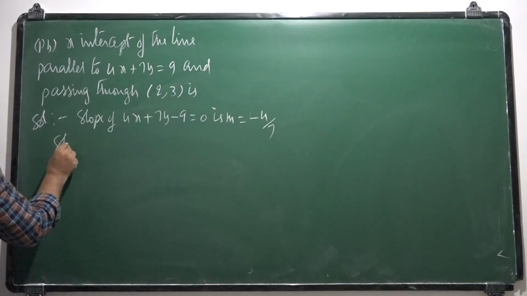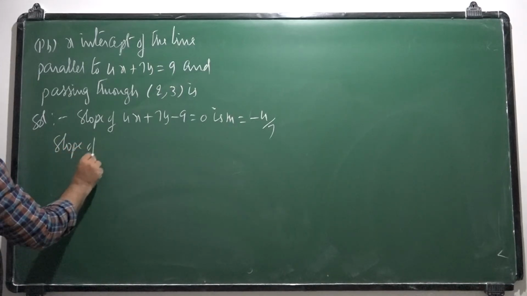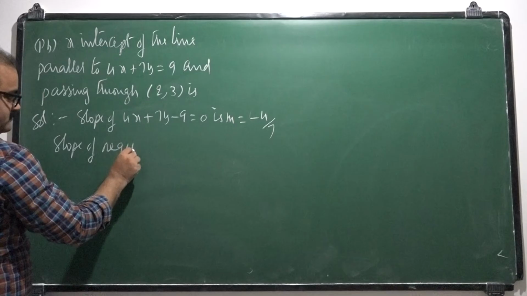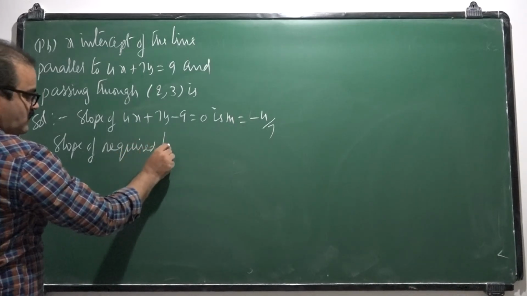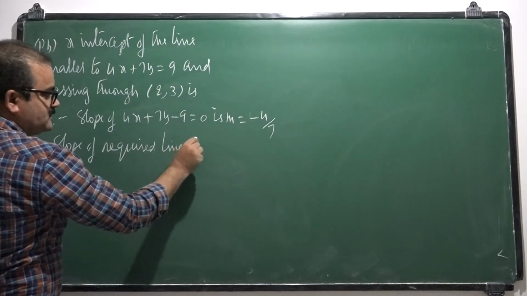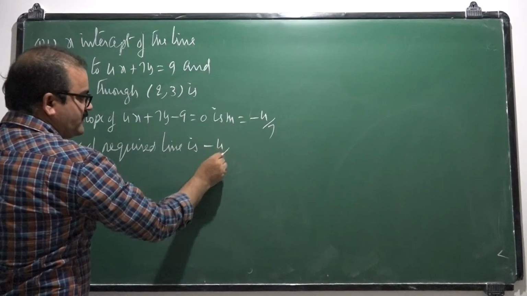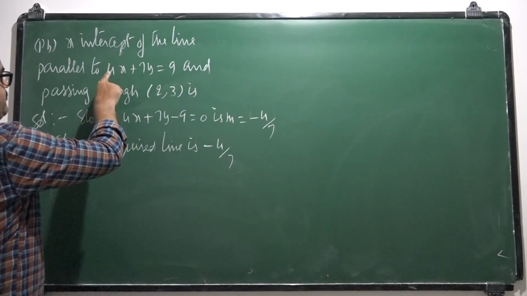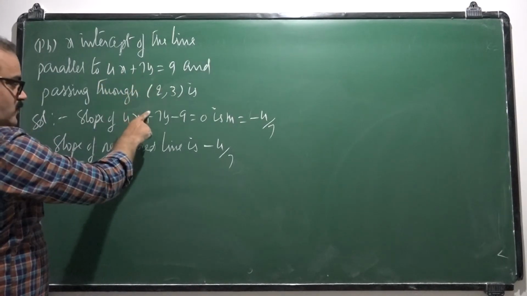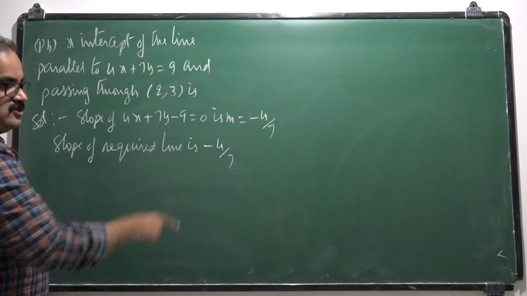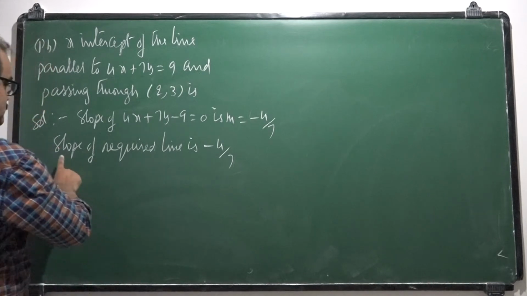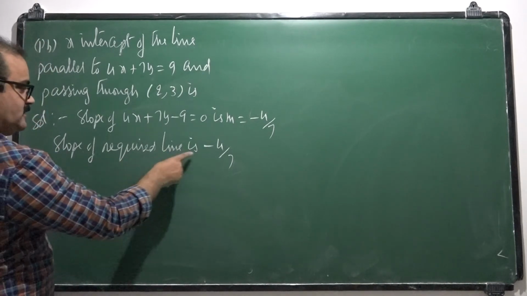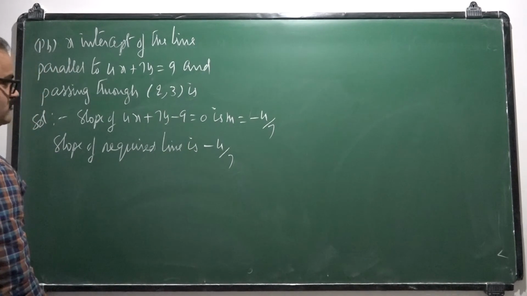So the slope of the required line is minus 4 by 7. When two lines are parallel, then their slopes are equal.